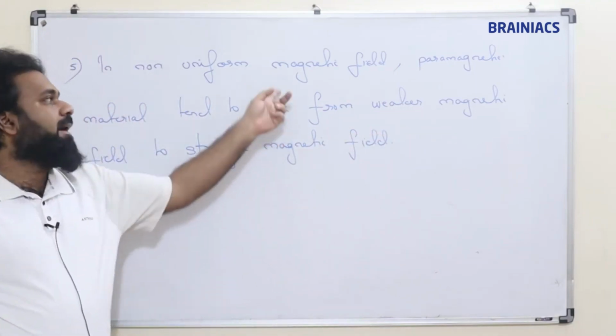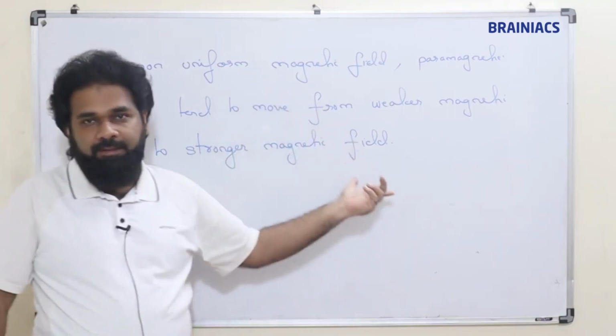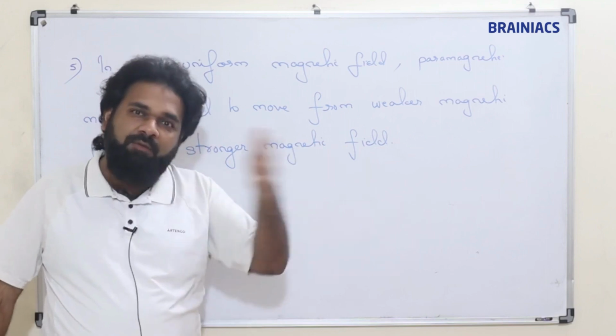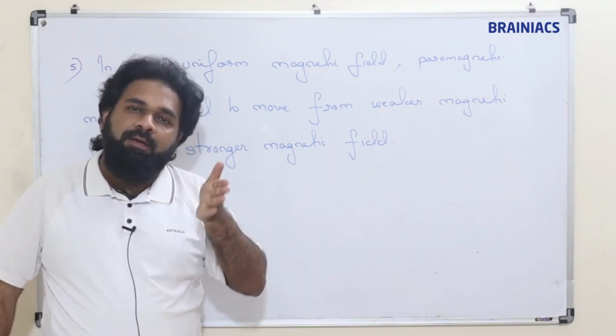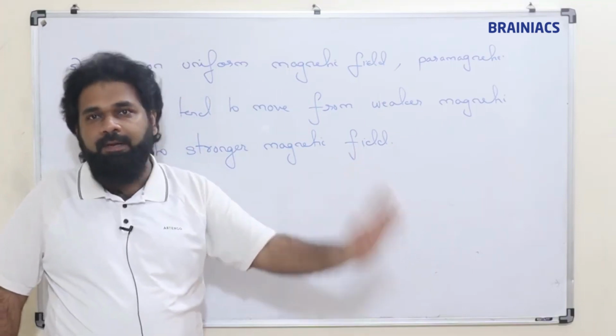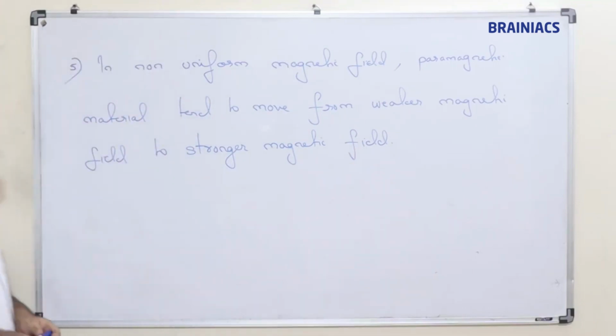Because paramagnetic means attraction will be there. The magnetic property is also in the same direction as the external magnetic field. Clear? Okay, this is another point.